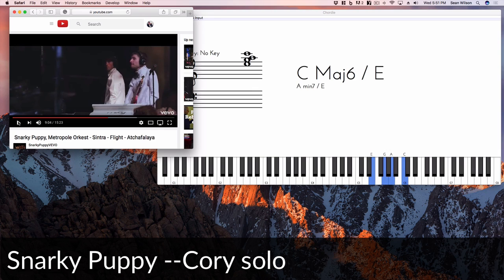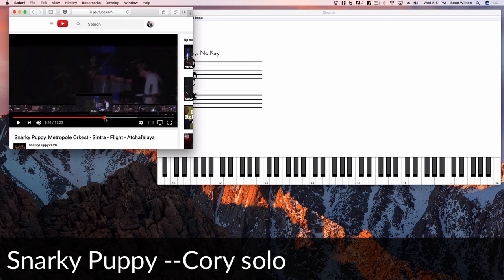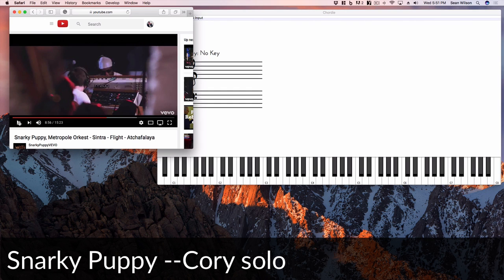So if I'm going to go for the major 6 sound here, when I change to the A, I'm going to go for the major 6 sound there. This is how I'm looking at it. And as you can see, it's very logical. It's not so much magical as it is logical. Okay, so if we listen to that. Oh, I need to go back to 9:01. There it is.